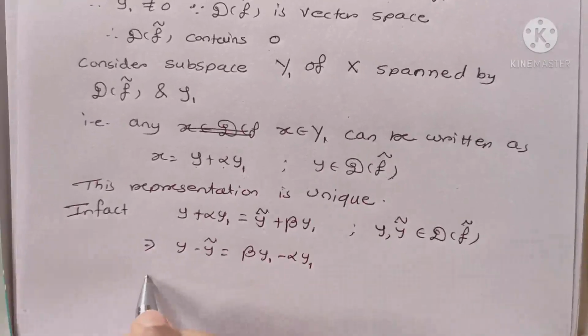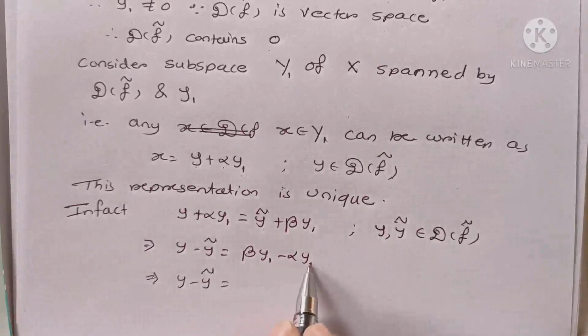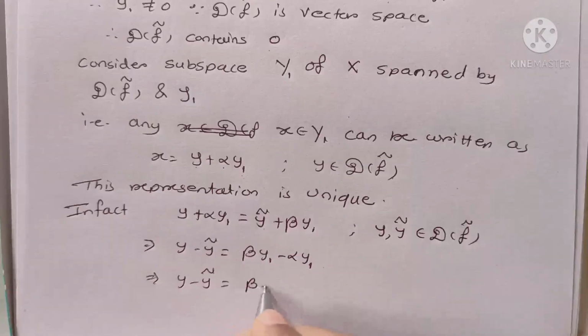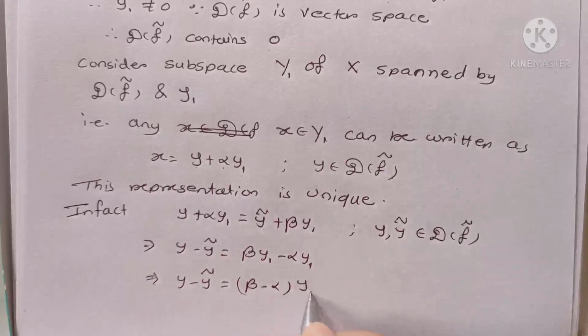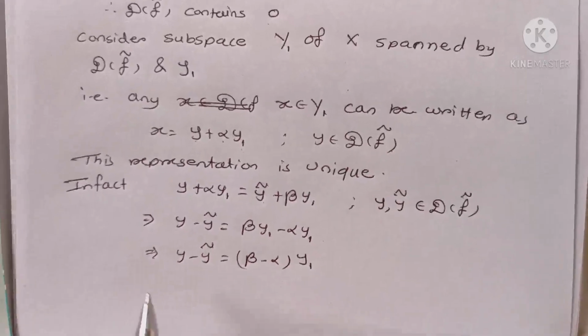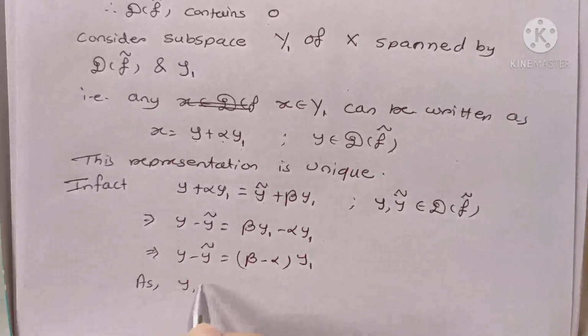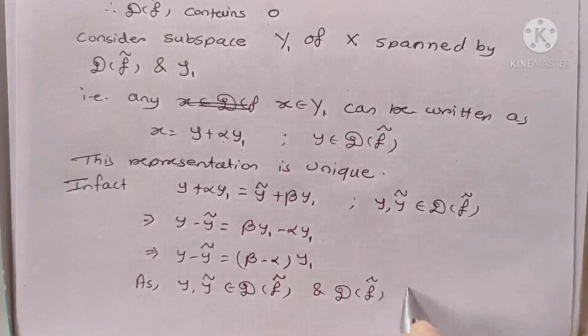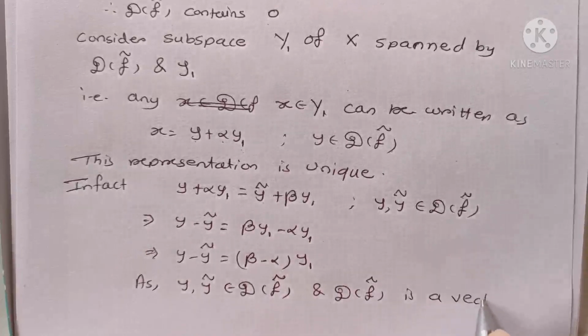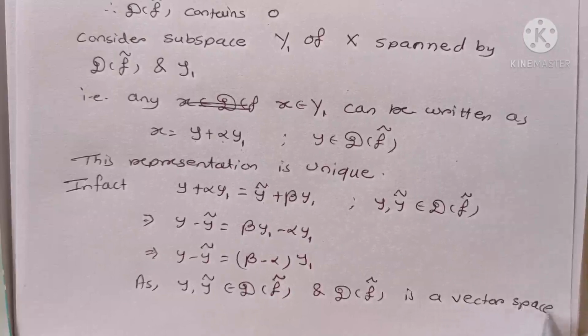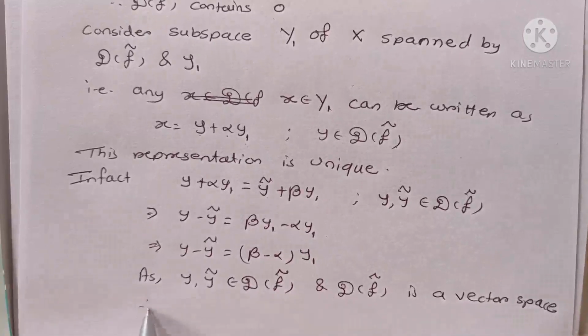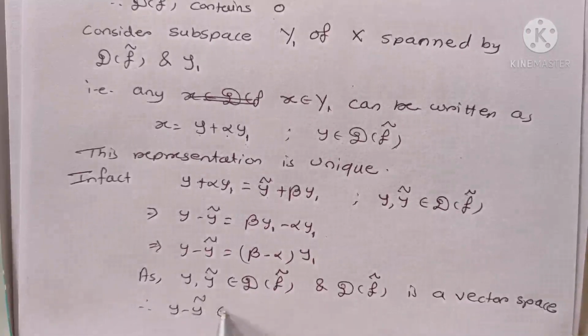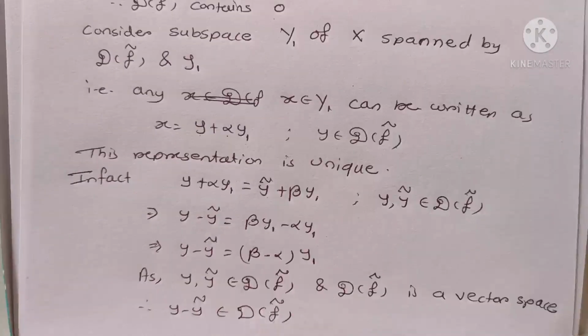This implies that y minus y tilde equals, taking y1 common, beta minus alpha into y1. As y and y tilde both are elements of the domain of f tilde, and the domain of f tilde is a vector space, therefore y minus y tilde is also an element of the domain of f tilde.